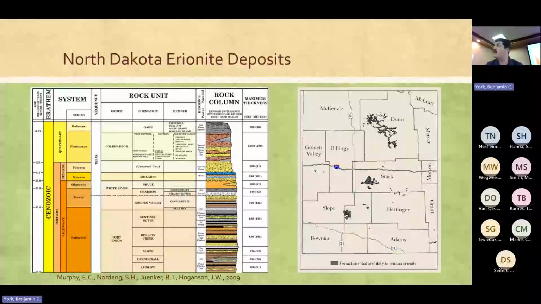In areas where it exists, are there any recommendations for filter sizes or particle size? I know at the beginning you had particle size on there, but is there a filter that you need? Right. So the question is whether there's a type of personal protective equipment, a filter, you could use. The problem with Erionite is that coming straight out of the rock, it's too big to be respirable.